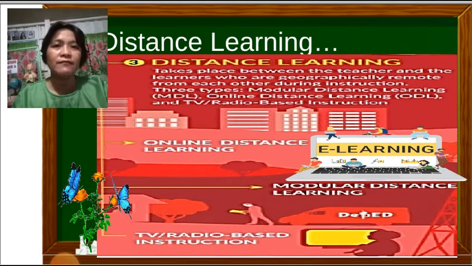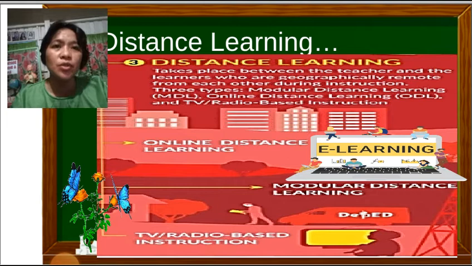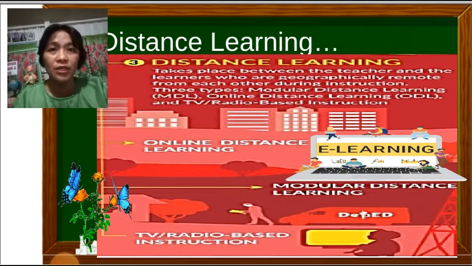We have three types of distance learning. The online distance learning or e-learning, where they can use computers or cell phones with the use of technology and internet.